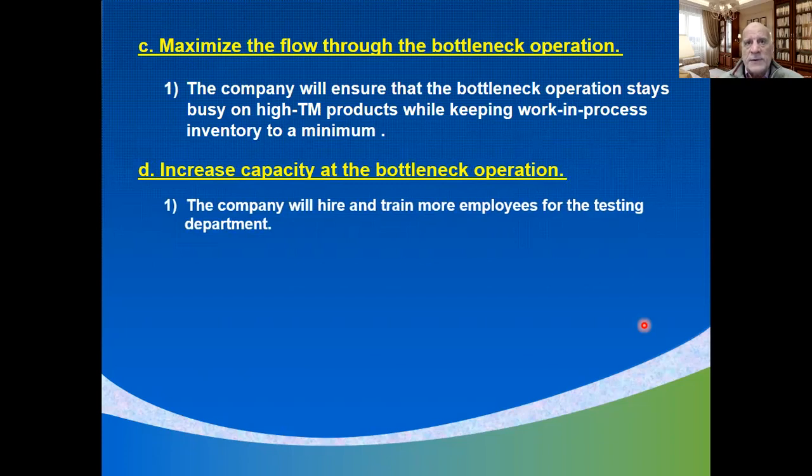Step number 4, to increase capacity at the bottleneck operation. The company will hire and train more employees for the testing department if it wants to produce all the units of the third type product.